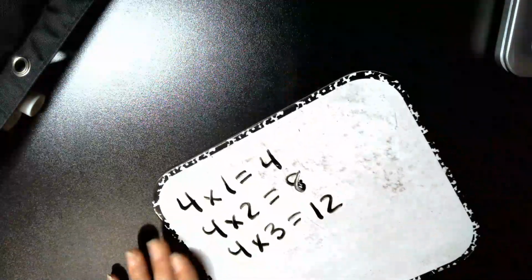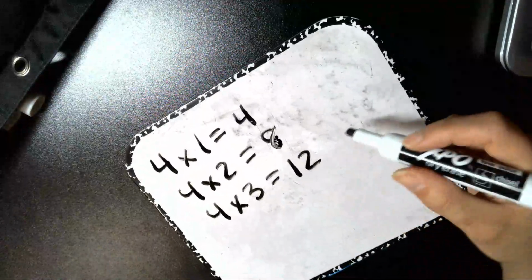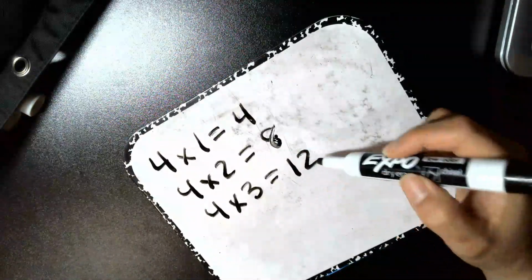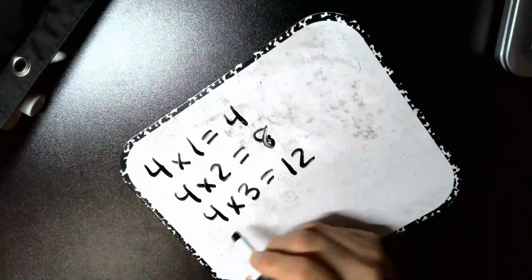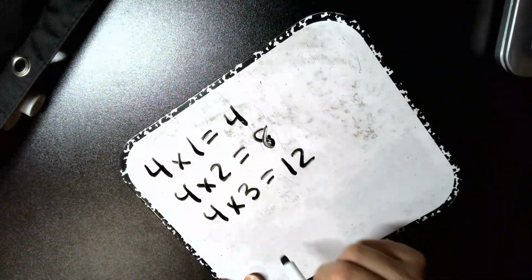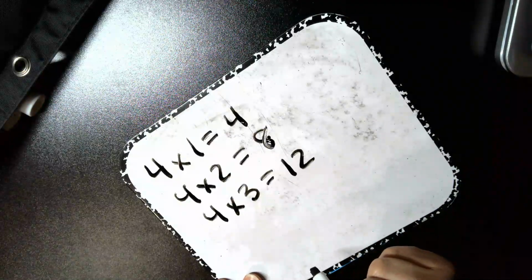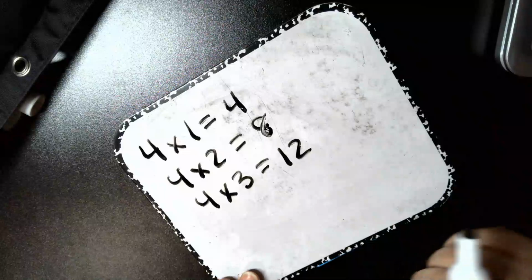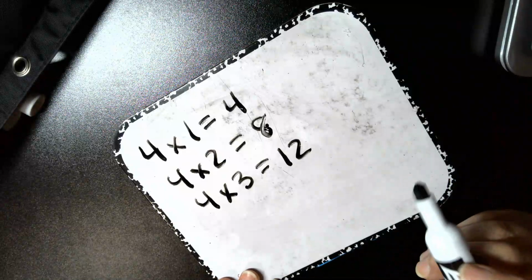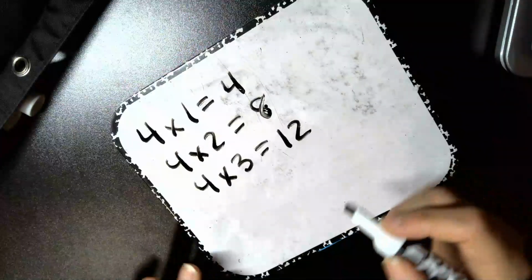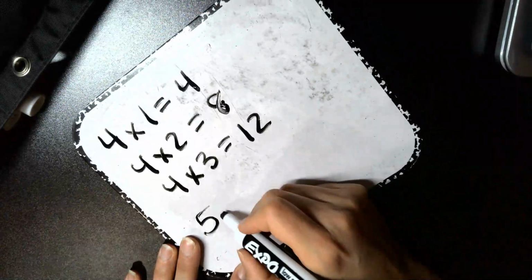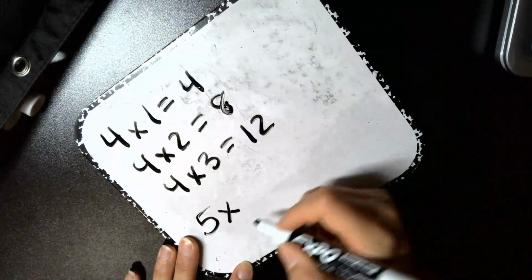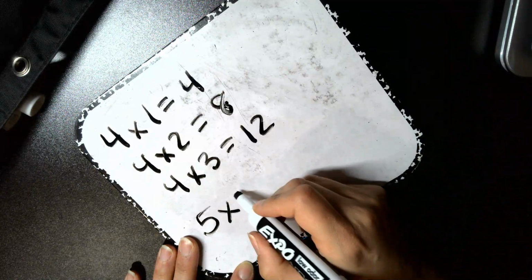So you know that when you're doing the 4's, it is going to be an even number at the end. But the easiest way to solve a 4, if you don't know your 4's times tables, is to actually subtract one group of the number from the 5's, because the 5's are so much easier. Okay, if you have, let's say, 5 times 3.